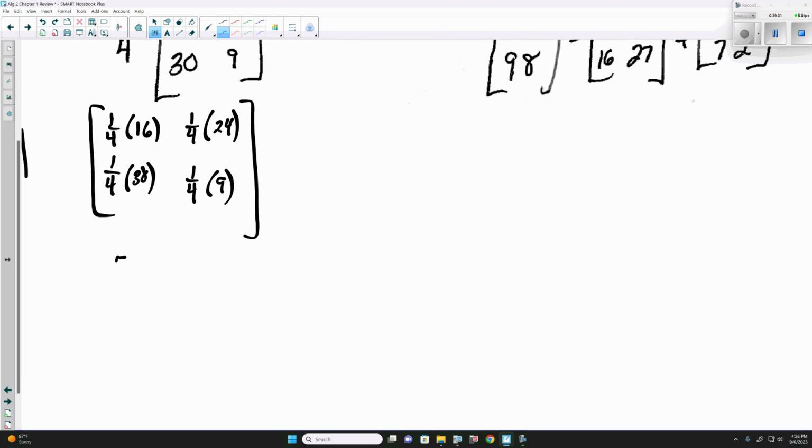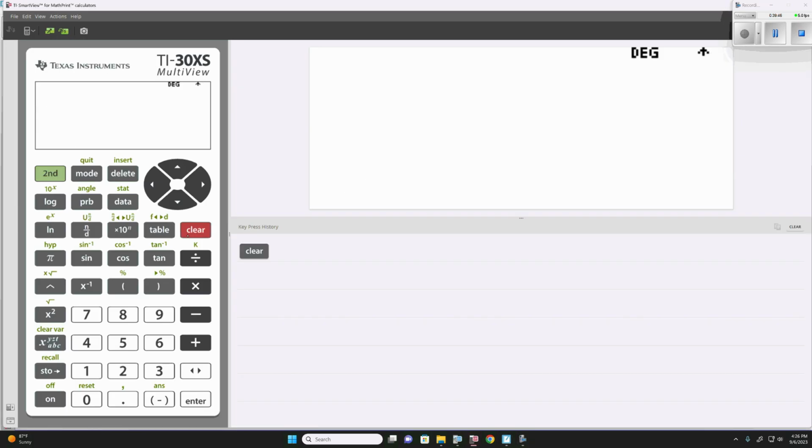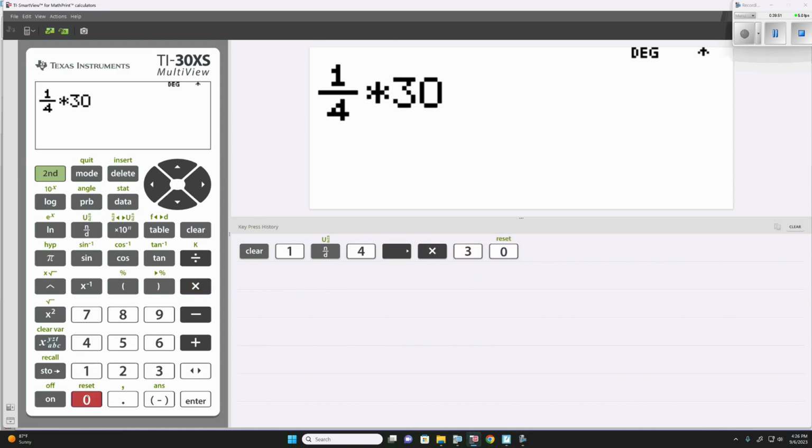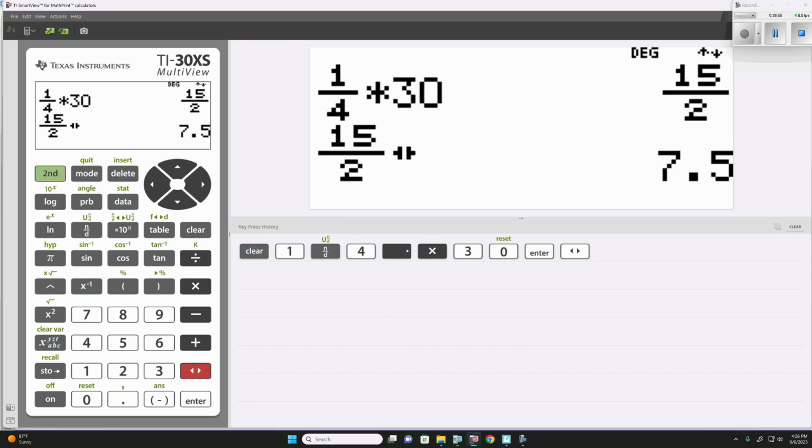And if we do these here, well, 1/4 times 16 is 4. 1/4 times 24 is 6. 1/4 times 30 doesn't fully simplify, and we can plug that in. 1/4 times 30 is 15/2 or 7.5.